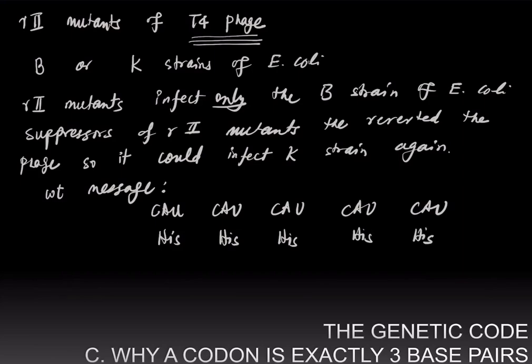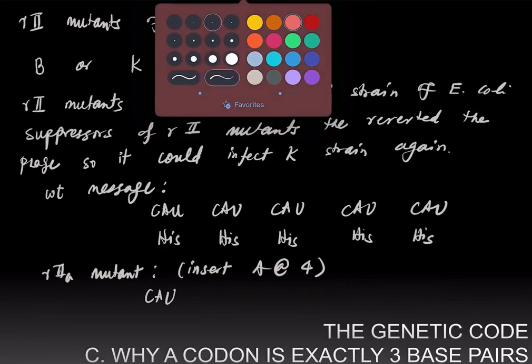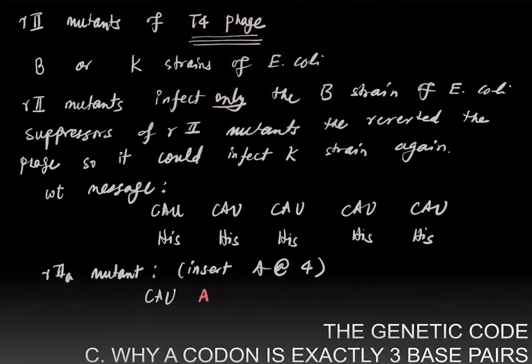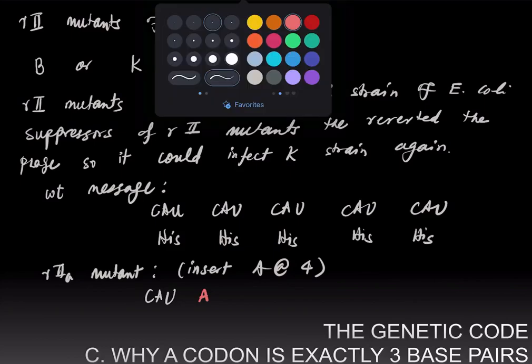Now, the R2A mutant is an insertion of A at position 4, then the message would become CAU, and then we have an insertion of A, and then we will continue the rest of the message.